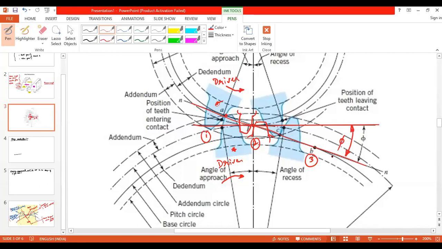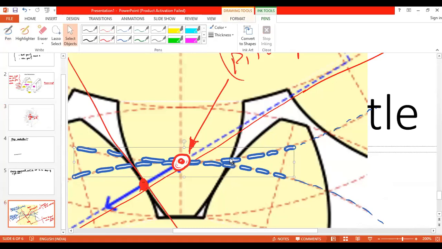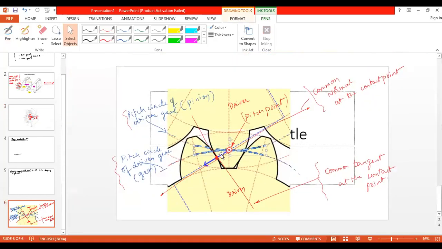Is it clear? The angle between the line of action or the common normal and the line passing through the pitch point. Pitch point is, this is the pitch point. Okay, pitch point is here.